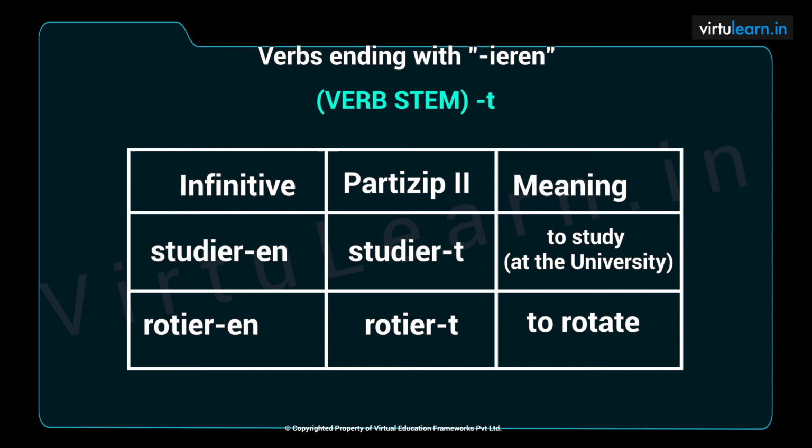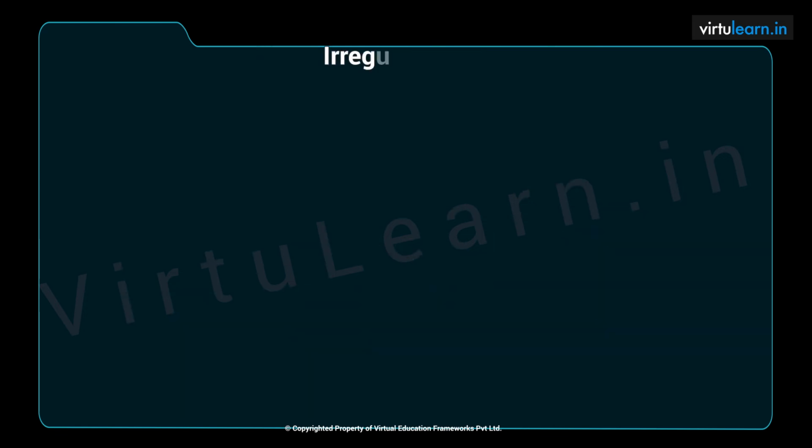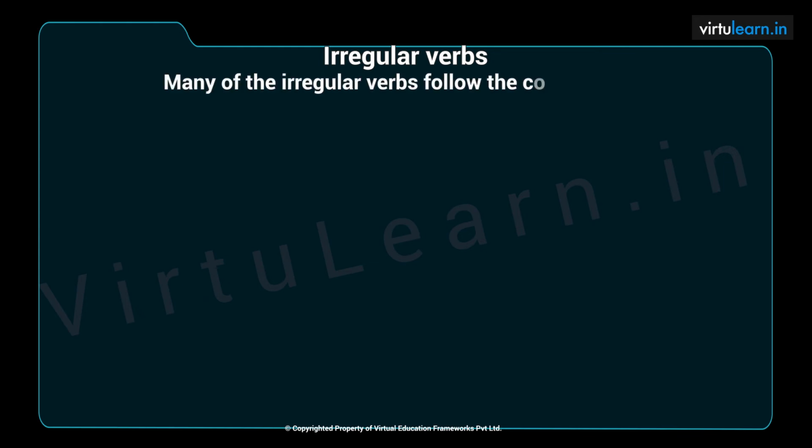Now let's take a look at the irregular verbs. Many of the irregular verbs follow the construction of GE prefix, the verb stem, and the en or n ending. A small reminder, the regular verbs will end with T, the irregular verbs will end with en or n.